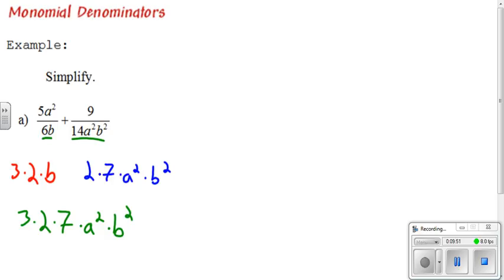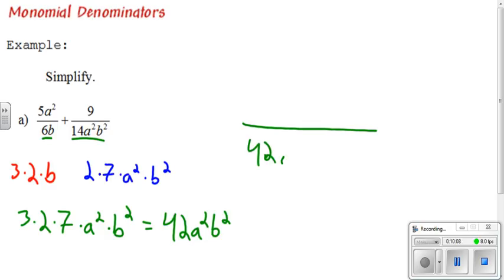So if we were to solve that out, 3 times 2 times 7 actually comes out to 42 a squared b squared. And that's what we're looking for as our, like I said, our common denominator. 42 a squared b squared.